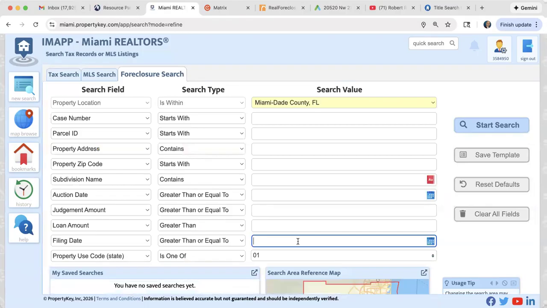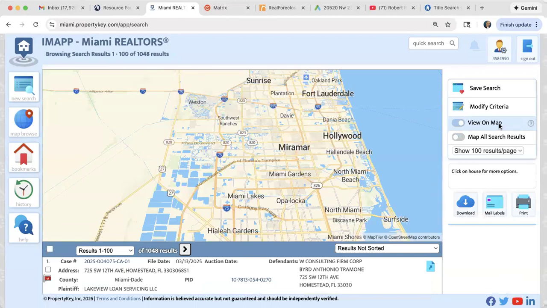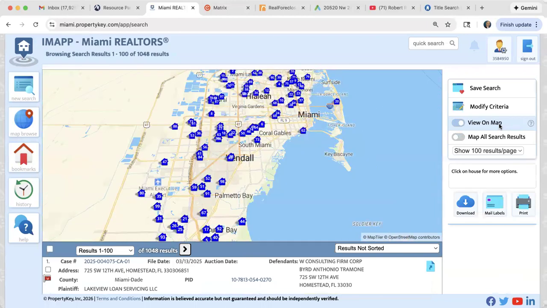Today's January 29th, so let's go to January 29, 2025. So greater than or equal to January 29, 2025. So within the last year, 1,048 were filed. So within a 12-month period, we've had 1,048 new foreclosures pop up in Miami-Dade County.